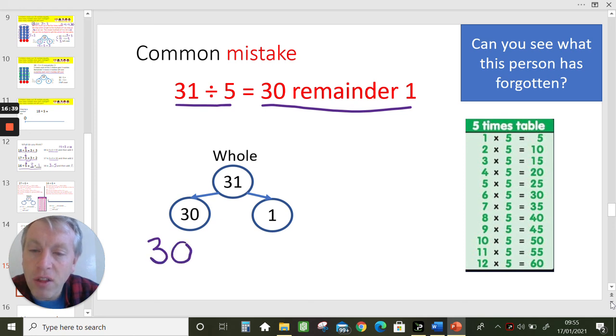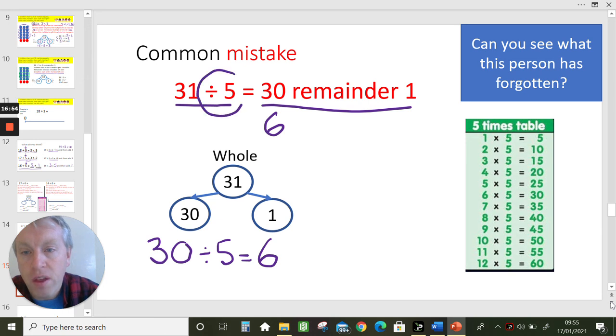We split the 31 into 30 because 30 we can divide by 5 easily using our times tables, and we get the answer 6. 6 groups of 5, and then this 1 is the remainder 1. So it's 6, and instead of remainder we'll just do R, 6 remainder 1.